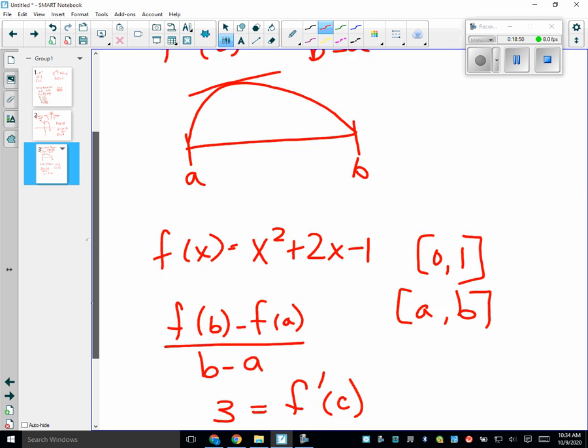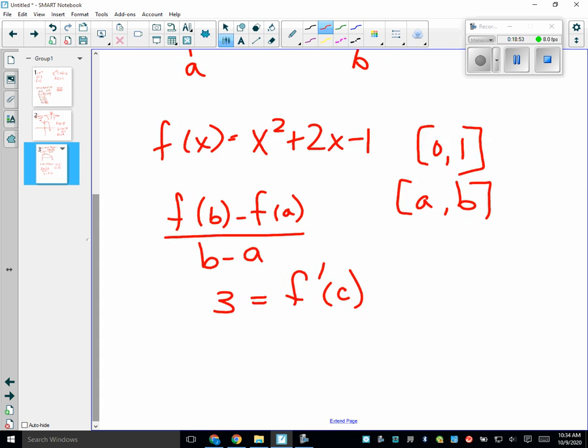Now, what I want to find is c. That means I take the derivative of my function and set it equal to 3, set it equal to my slope. The derivative of the original function is 2x plus 2, correct?